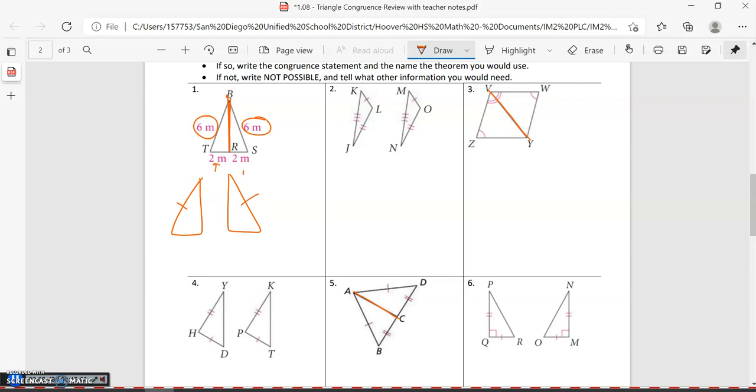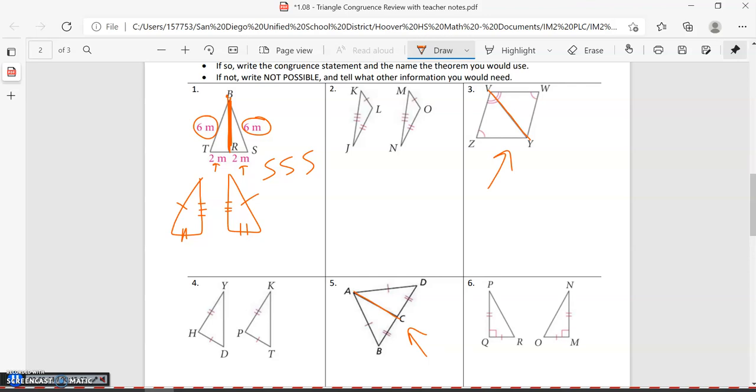A 2 and a 2, so those are congruent. And because they share this side, we know those are also equal. So that's also congruent. So we have side, side, side here. And we'll basically have the same thing down here as well. And then this one is also congruent, but I'm not going to give you the theorem for that one.